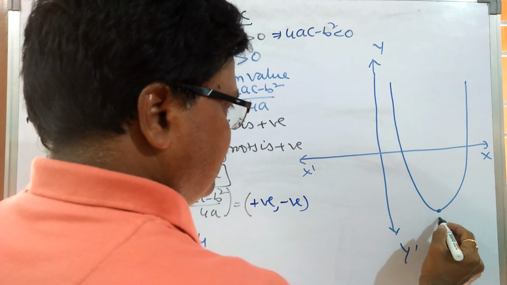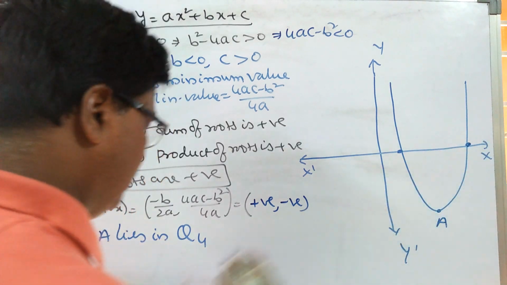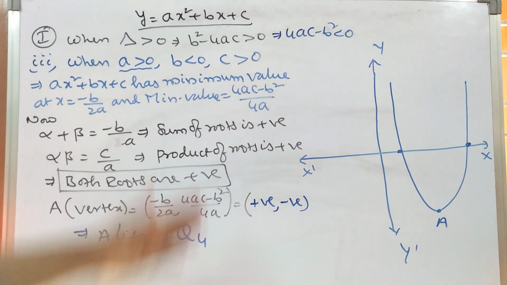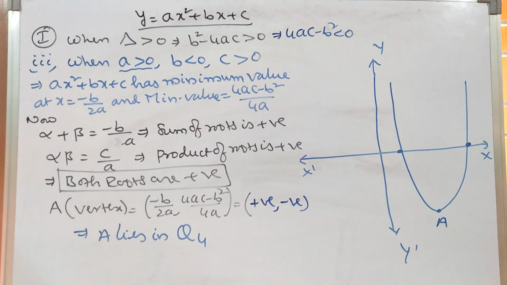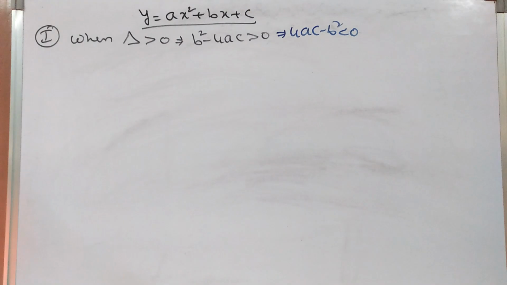It is intersecting the positive x-axis at 2 points, indicating that both the roots are positive. This is the graph of y is equal to ax square plus bx plus c in this third case. Copy it. Right.